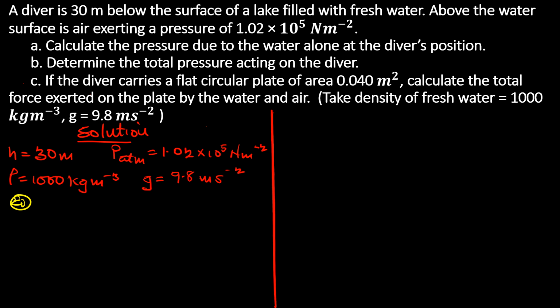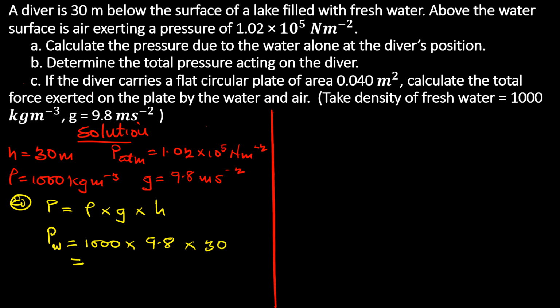And the formula for calculating pressure, which is P, is density times gravity times the depth, which is H. So therefore, the pressure due to the water alone, let's make it PW, is equal to the density of the water, which is 1000, times the gravity, which is 9.8, times the depth, which is 30.